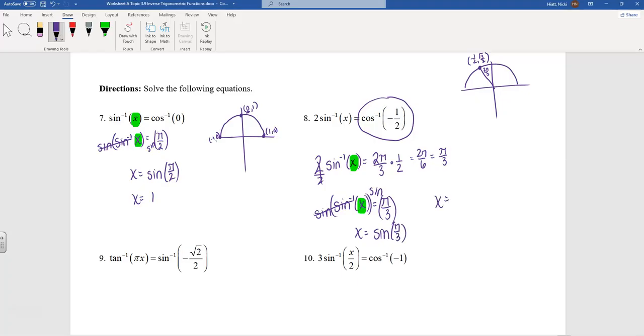Before I started inverse trig today, that wouldn't confuse you, but it may now because you're getting things backwards. But sine of pi over 3, you're just thinking about where pi over 3 is. The coordinates here are 1/2, square root of 3 over 2. Sine is your y coordinate, so you will get square root of 3 over 2 for that.